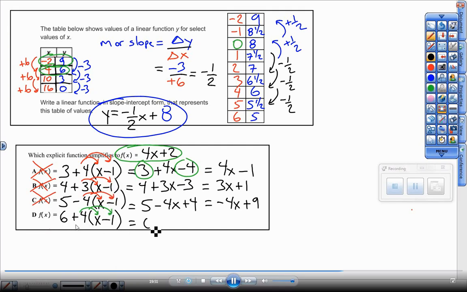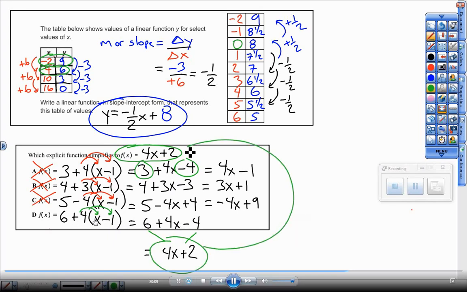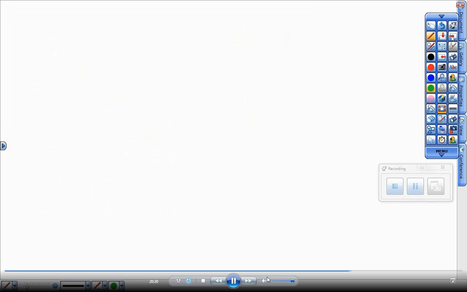Leave that 6 alone. 4 times x is 4x. 4 times negative 1 is negative 4. These two numbers do combine to give you positive 2. It gives me the same 4x. Since that distributes and simplifies the same, these are equivalent. This equation here at the bottom, even though it looks different, they are equivalent. And on that problem on the test, only one of them is going to work.